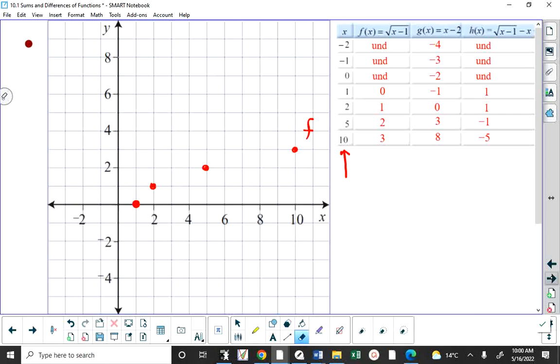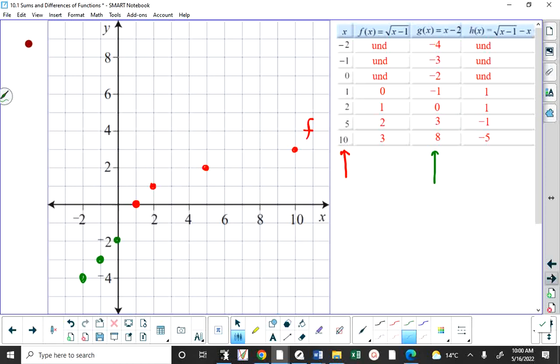Now what we're going to do is graph, and I'll graph it in green, this ordered pair. Negative 2 comma negative 4. Then I go to negative 1 comma negative 3. Then I go to 0 comma negative 2.